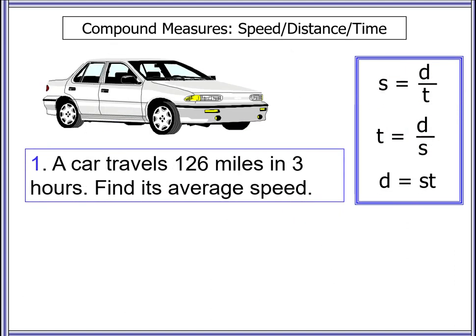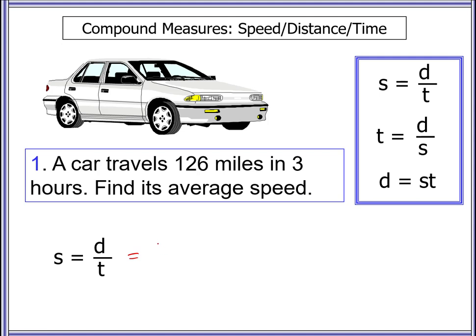First example, a car travels 126 miles in 3 hours, find the average speed. You know the formula, we've got all three of them there. To find speed, speed equals distance over time. And we just now input our details.